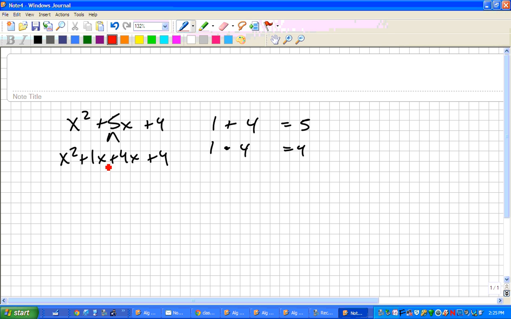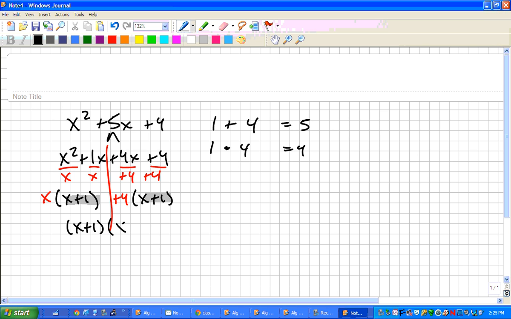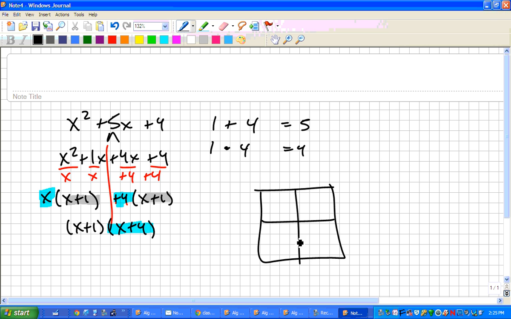Whether you split the middle term or take the GCF, we get x plus 1, x plus 4, and remember that x plus 4 comes with those other two.